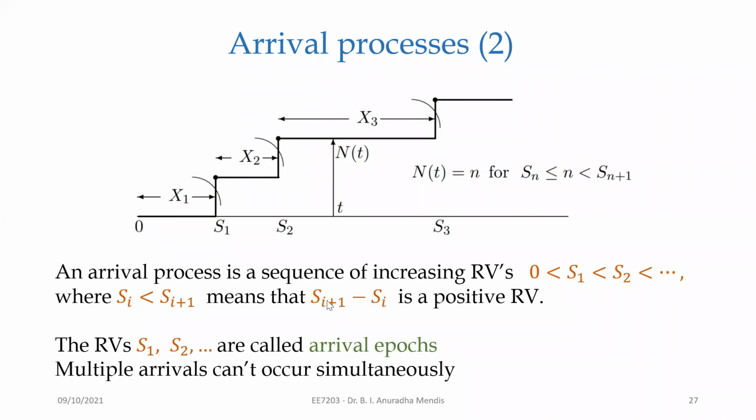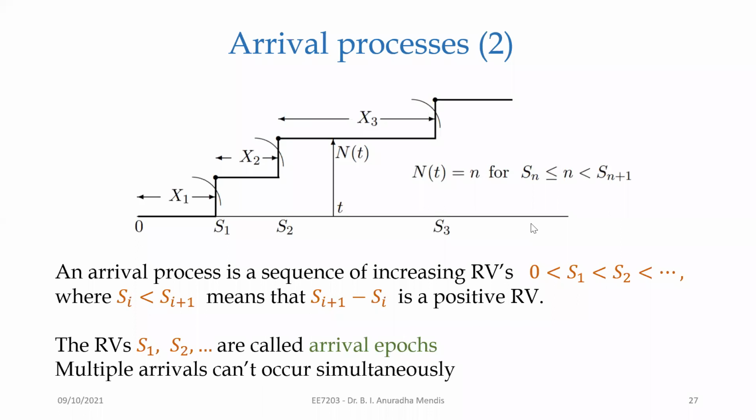The difference is a positive random variable which represents this capital X. Therefore, this capital X is also a random variable, because it is obtained by subtracting S1 from S2, S2 from S3, like that. So S1, S2 are called arrival epochs, and multiple arrivals can't occur simultaneously. This arrival process is very easy to understand.